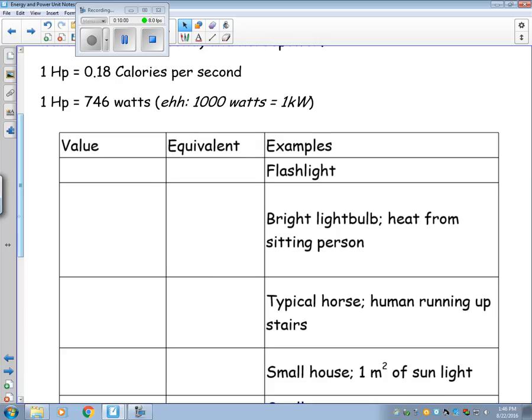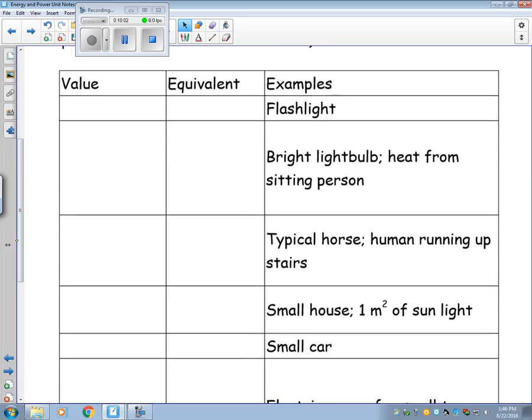Okay, so let's take a look at some common examples here. First off we have a flashlight. A flashlight bulb is roughly 1 watt, so that would be 1 joule per second.